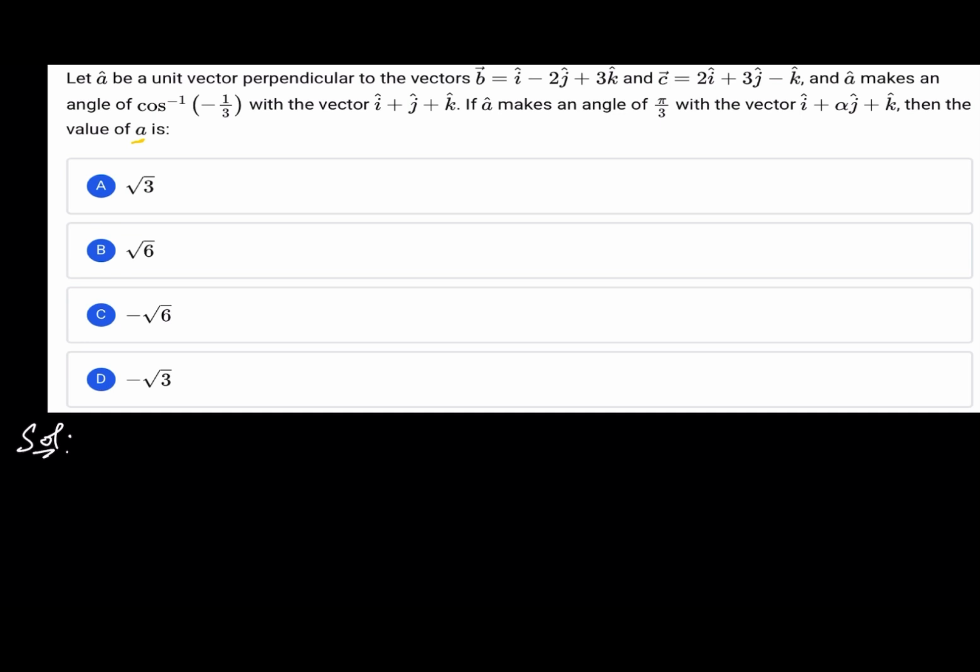But we have to decide whether a cap is lying in the direction of B cross C or C cross B. It depends on the angle of cos inverse of minus 1 by 3, right? So let us start with B cross C. B cross C is the determinant with i cap, j cap, k cap, 1, minus 2, 3, 2, 3, minus 1, right?